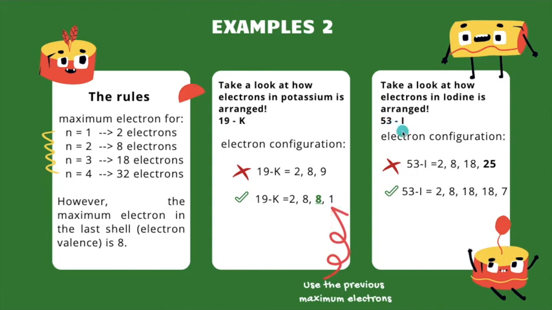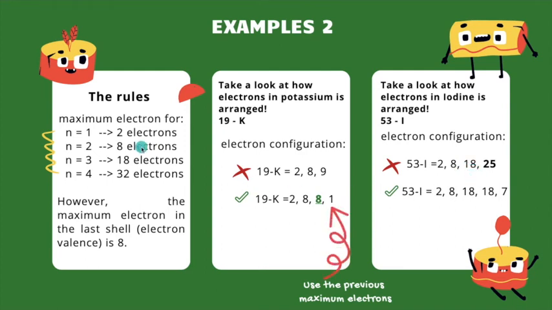And we have another example, iodine. Iodine has 53 electrons, and we give 2 electrons to the first shell, 8 to the second shell, and 18 to the third shell.